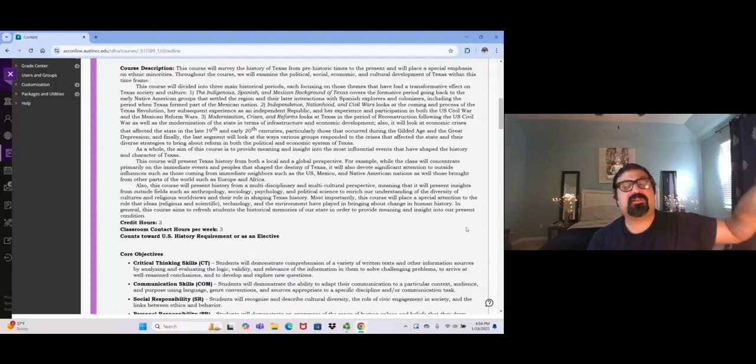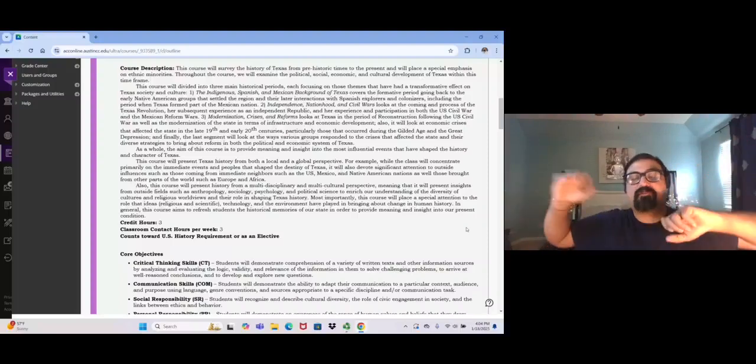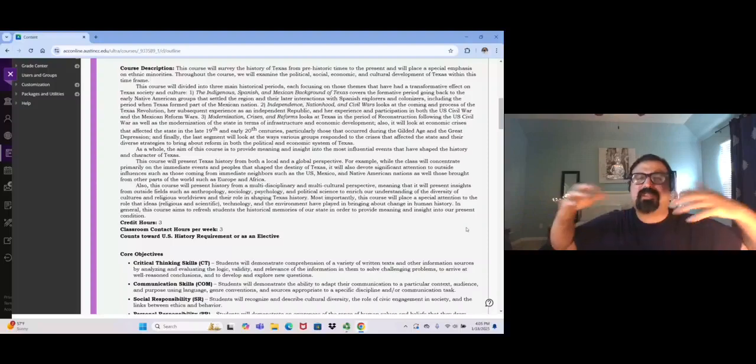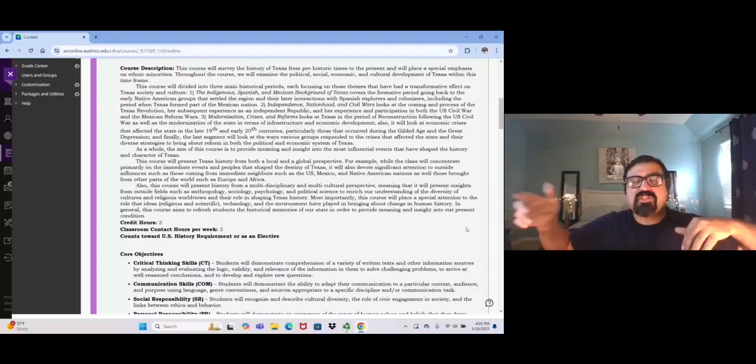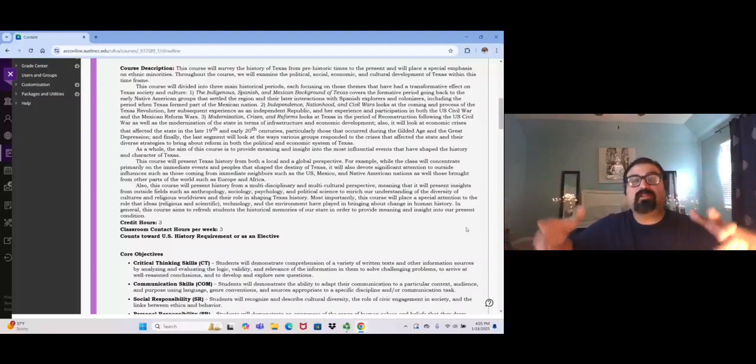In the 20th century, there are other issues we're going to be looking at, and that is, for instance, Texas participating in one way or another during international struggles like the First World War. Again, how the Texas economy was geared, if you will, for oil production. We see the formation of industrial plants for defense systems as well, the formation of military bases in Texas.